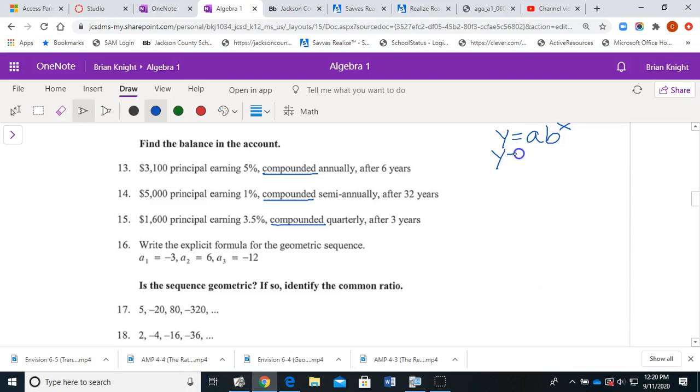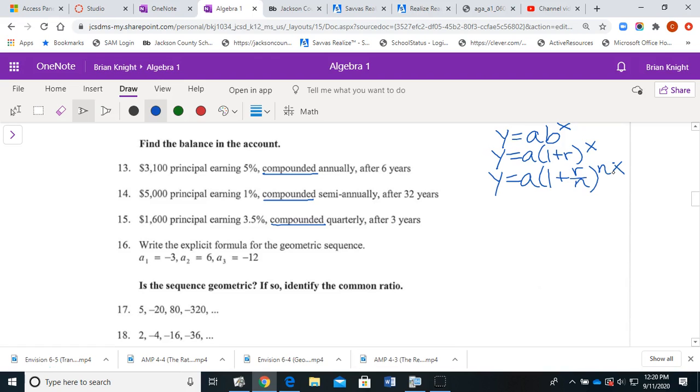So that changed it to 1 plus r to the x power. And now we're getting compounded. So now we change this just a little more. It's 1 plus r over n, and n to the x. So you add an n there and an n there. N is how many times you're compounding it. Does everybody understand that?